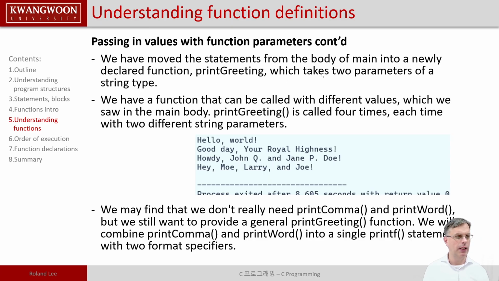You have seen that, which takes 2 parameters of a string type. We have a function that can be called with different values, which we saw in the main body. So print_greeting was a function. It's called 4 times, each time with 2 different string parameters, right?